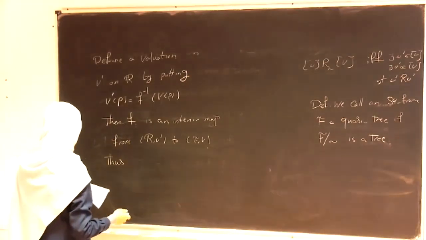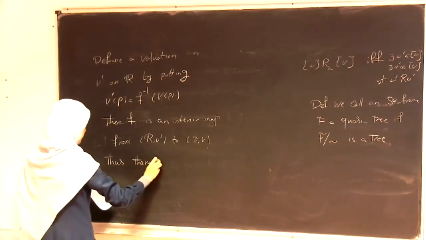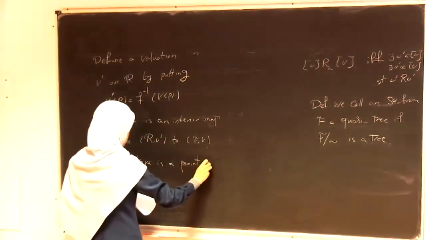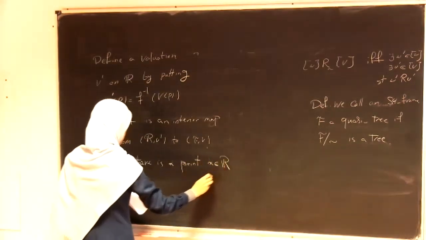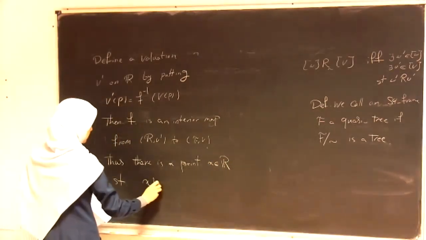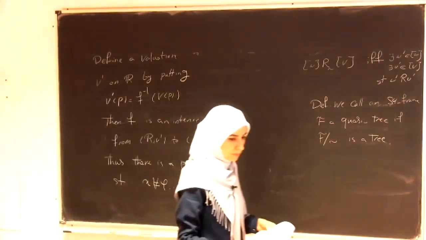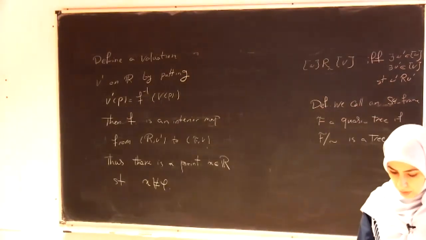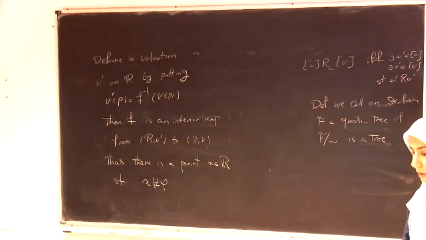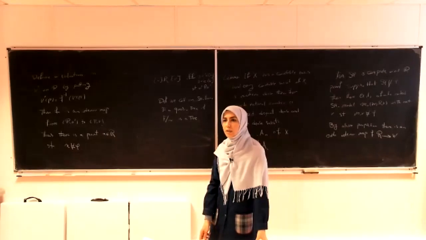Thus, there is a point x in R such that in x phi is not true. So that completes our proof of the completeness of S4 with respect to the real line R.